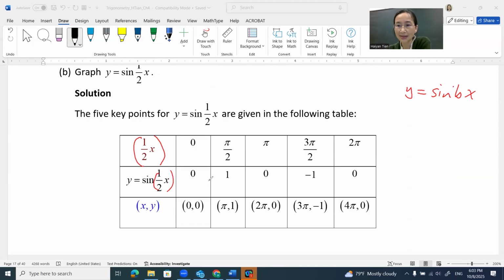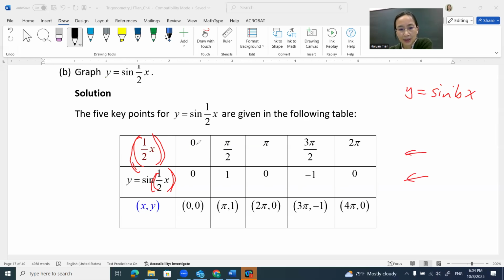It's a basic sine function, so just think of this quantity as one variable and sine of that variable. For the basic sine function, we can use 5 key points, which are always the same. We have them listed here.